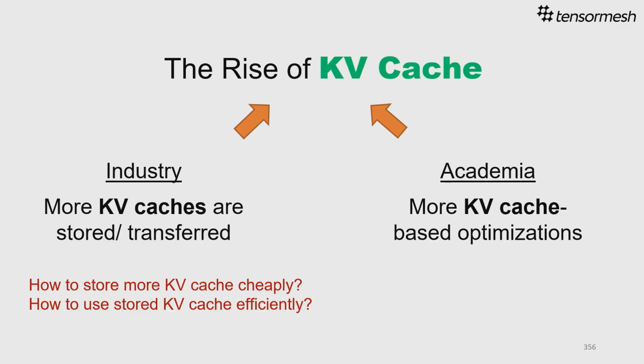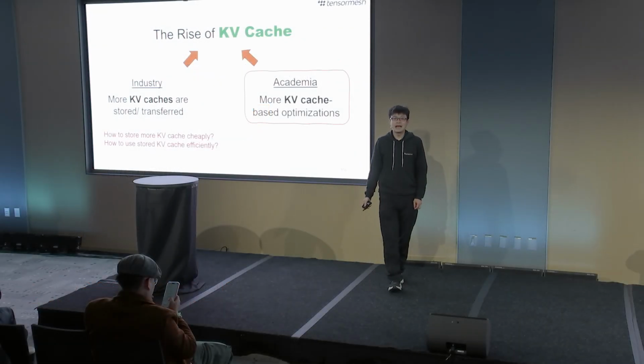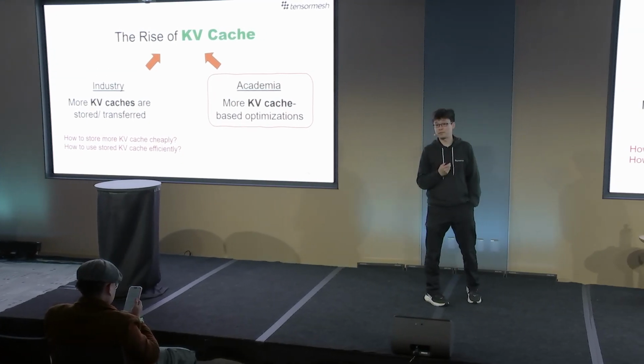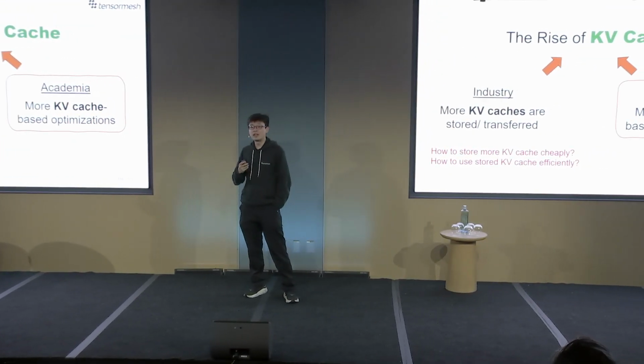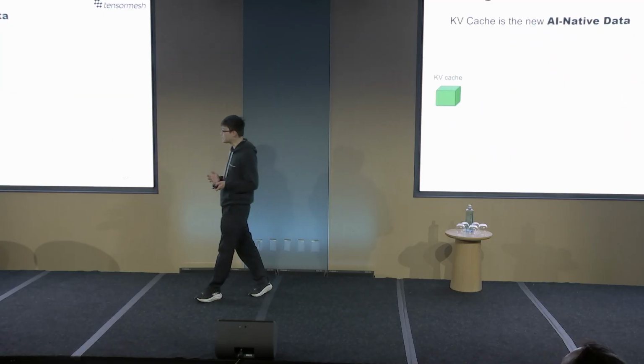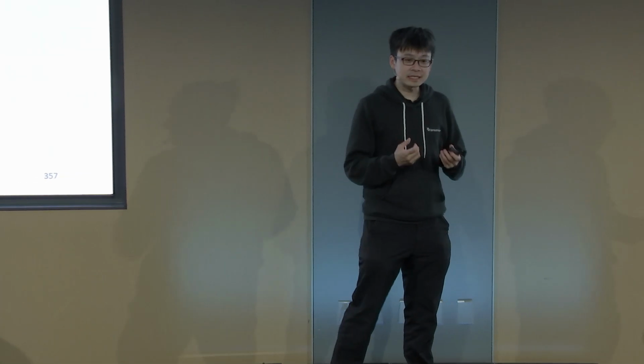Now, what is academia doing these days? Academia is approaching this problem from a totally different perspective. Academics are not thinking of KV cache as black box data. Now, in order to understand that, we have to look at KV cache from 3 levels of understanding. First of all, it is cacheable state.